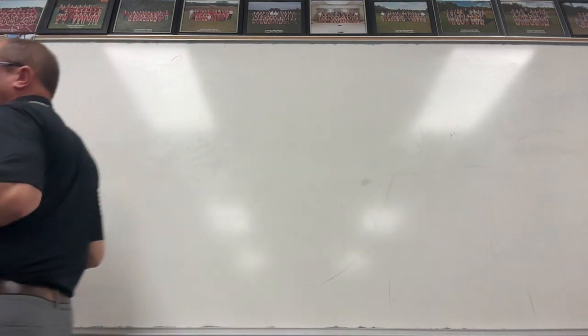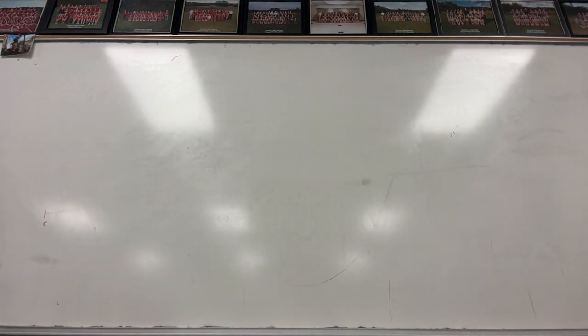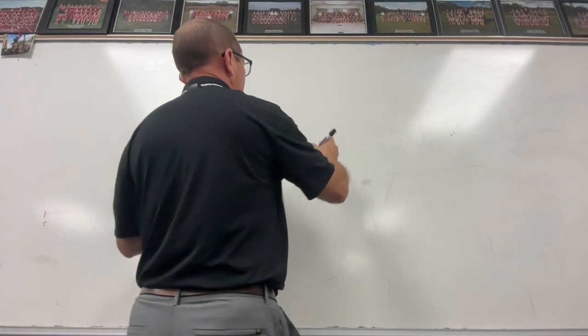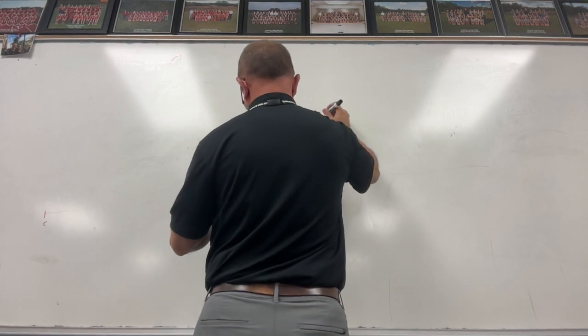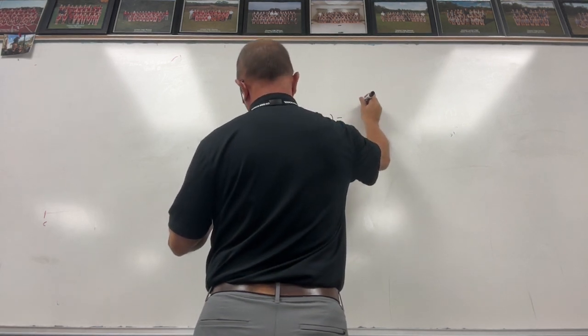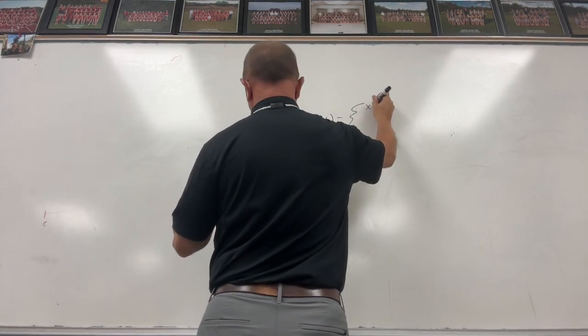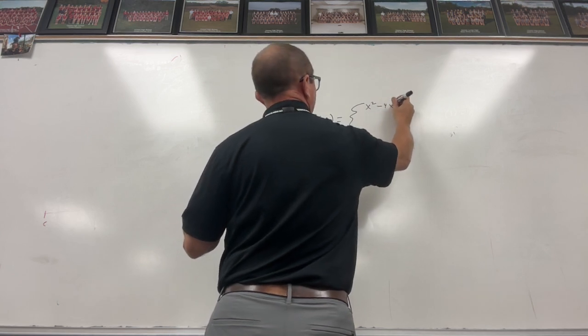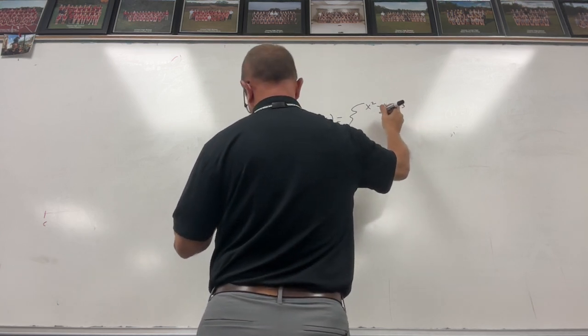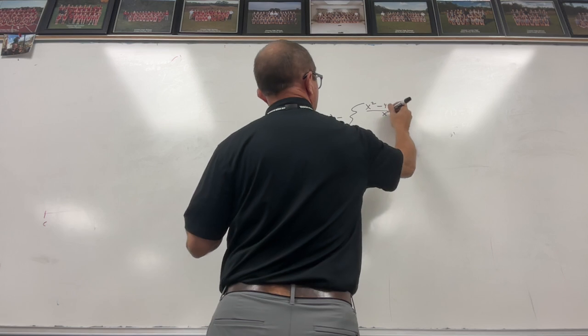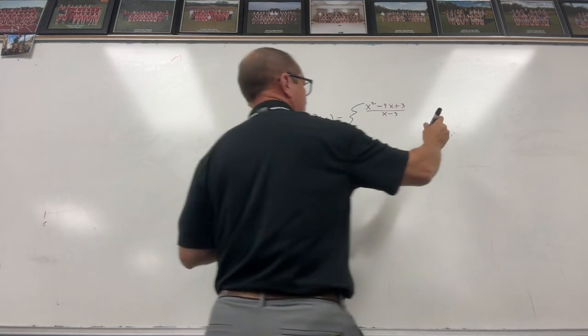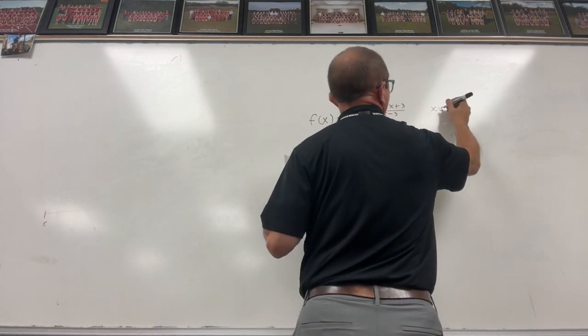So the first piecewise equation that I want us to look at, let's go with question number 18. And question number 18 says that we have f of x equaling x squared minus 4x plus 3 over x minus 3 if x does not equal 3.